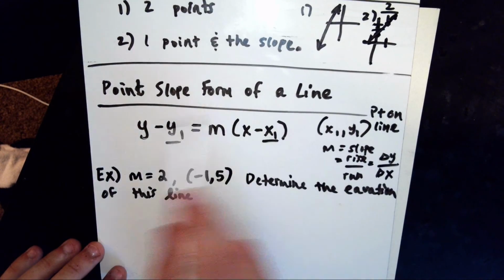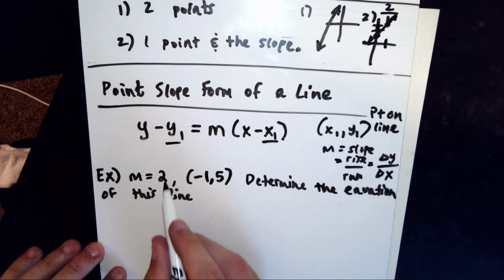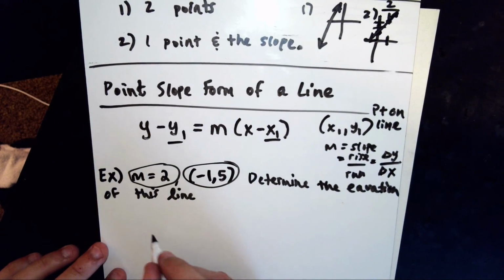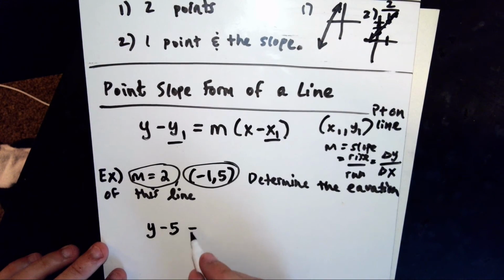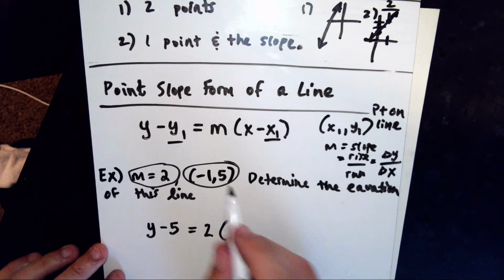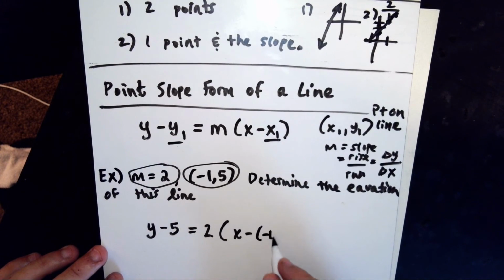Well, we just need to use the point slope form above. We know the slope and we know a point. Let's plug all that in. Doing that, we get y minus y1, y minus 5 equals m, which is 2, times x minus x1, which is -1.